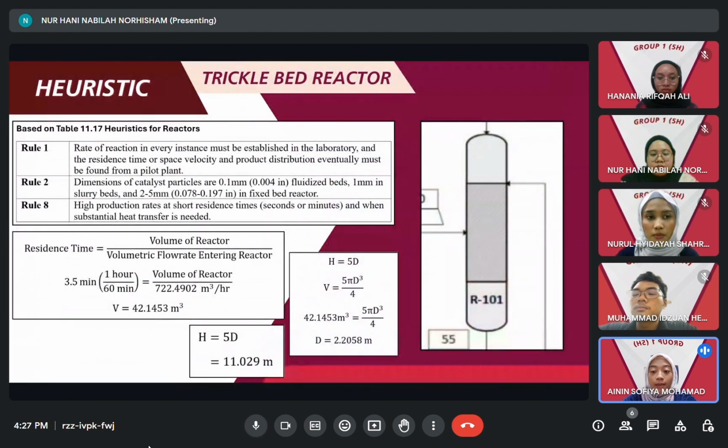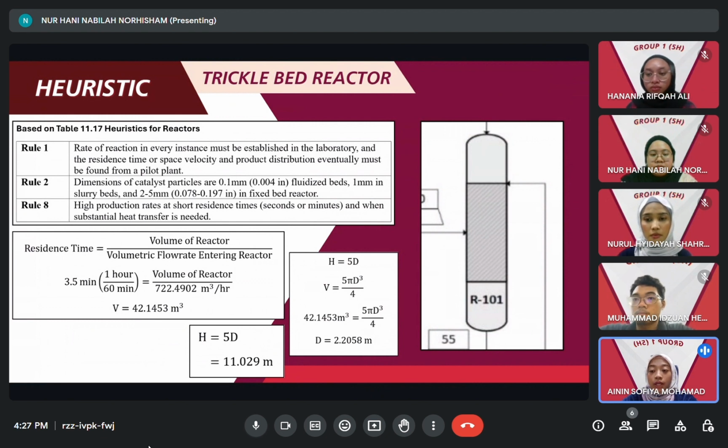Firstly, I am going to explain the heuristic of the reactor. The reactor that we have chosen for the process is a trickle bed reactor, which is a catalytic reactor. Based on table 11.17, heuristic for reactor, we follow rule 1, rule 2 and rule 8.